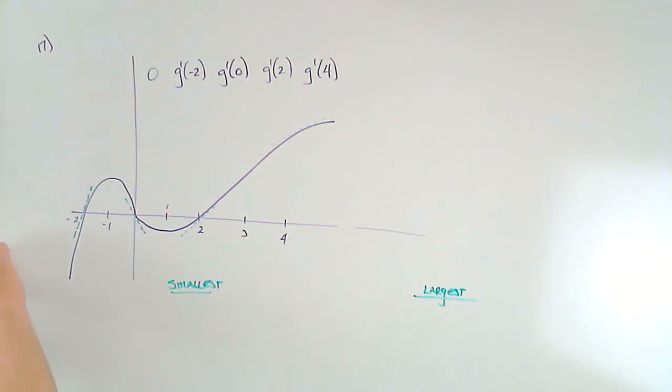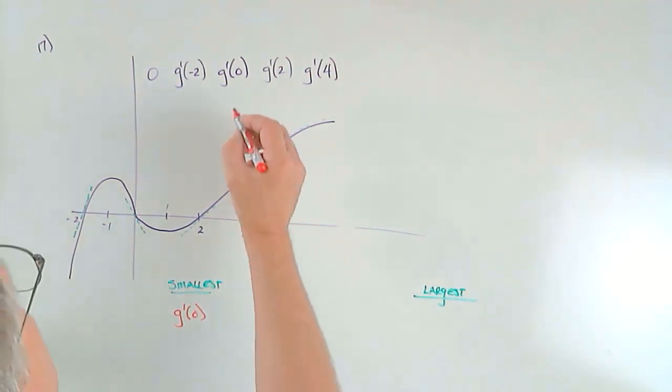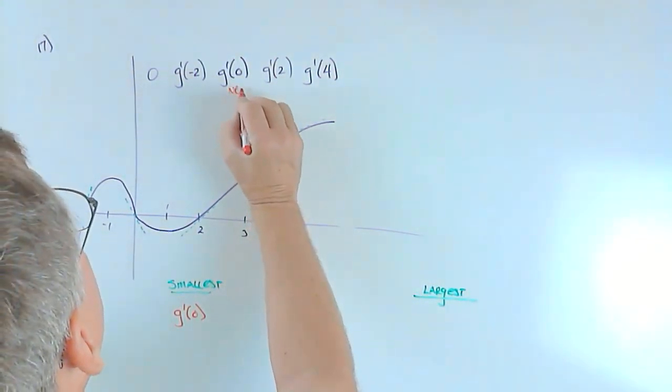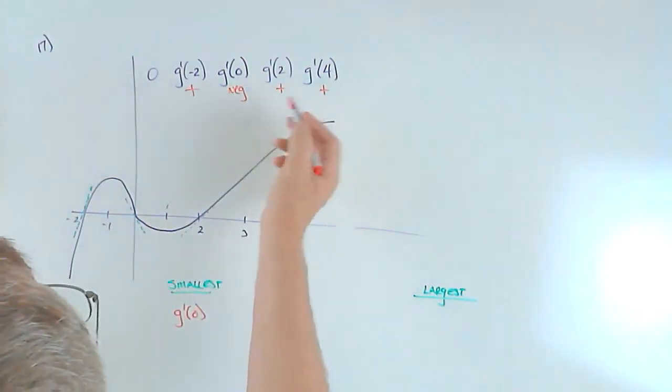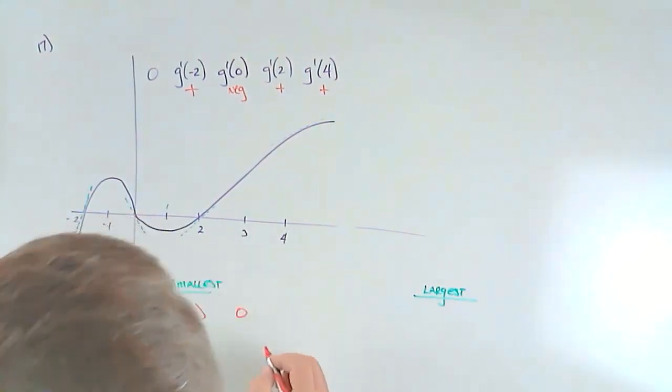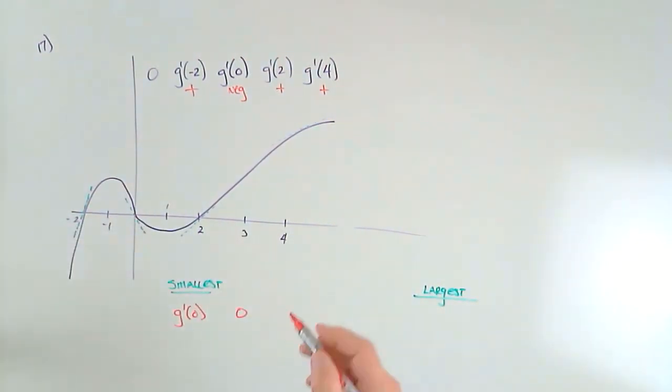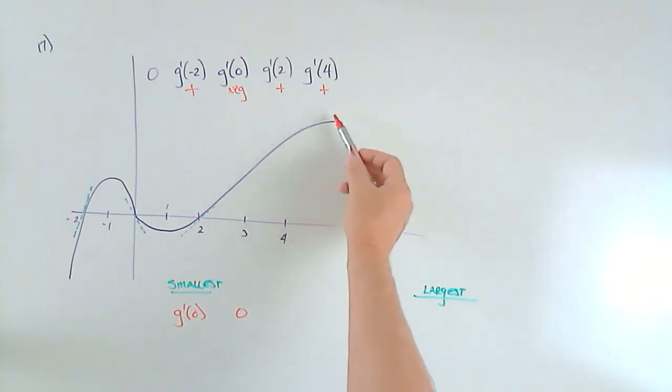So we got to put them from smallest to largest. Well, this is the only negative value. So the smallest value we're going to have is g prime of 0. It's negative. We don't know what it is. It's not important. They just want us to rank them from smallest to largest. Everybody else, we said this was negative. We said that's positive, that's positive, that's positive. So ranking them smallest to largest, 0 comes next. The smallest positive number we have is the slope here at 4.